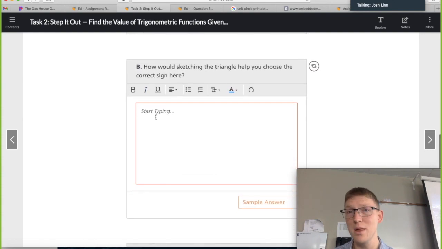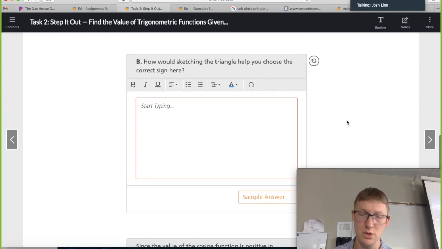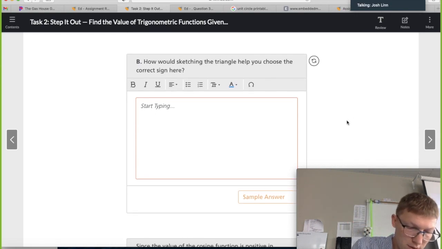Another way that you can figure this out is, how would sketching the triangle help you choose the correct sign here? You could always sketch the triangle. In fact, you could always draw a picture. It's never going to be a bad idea to draw a picture.